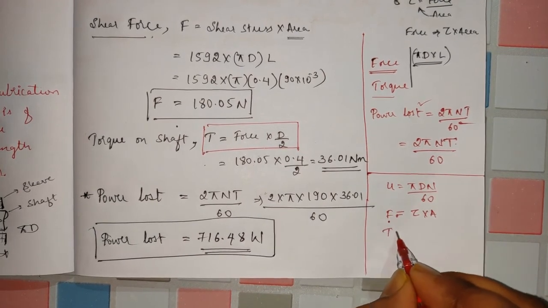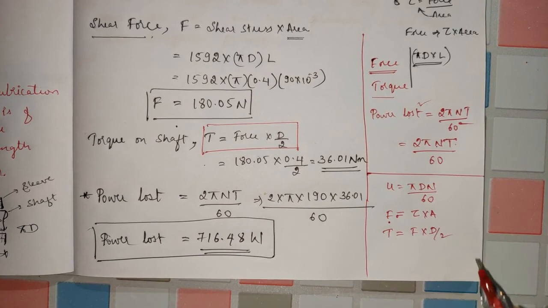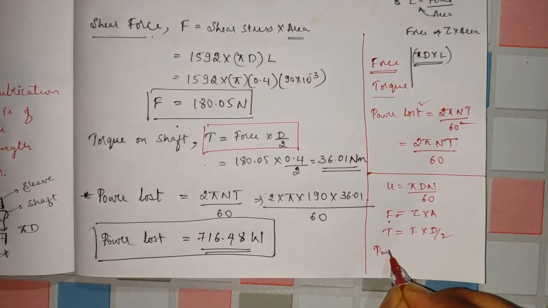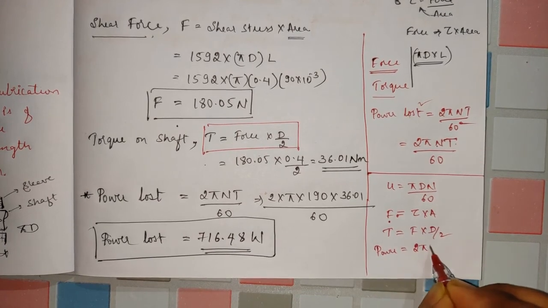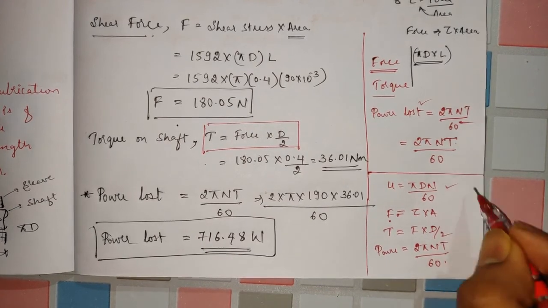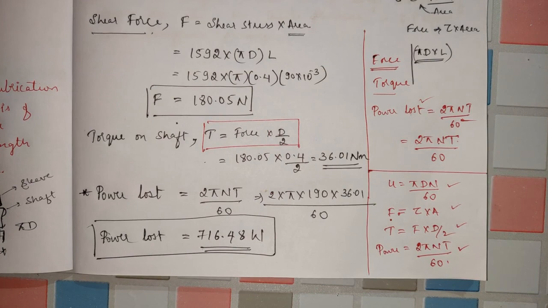To calculate torque. Torque is nothing but force into d by 2. Once I get the torque, the power lost is 2 pi nT divided by 60. If you follow these 4 points, your answer is solved. Theoretically, you just simplify one by one, you will get the answer.